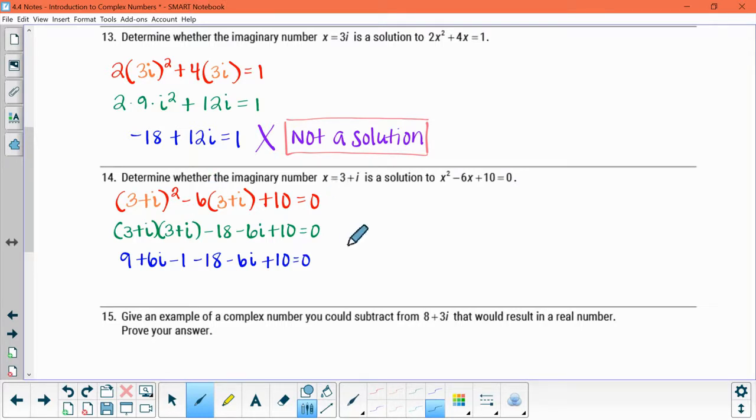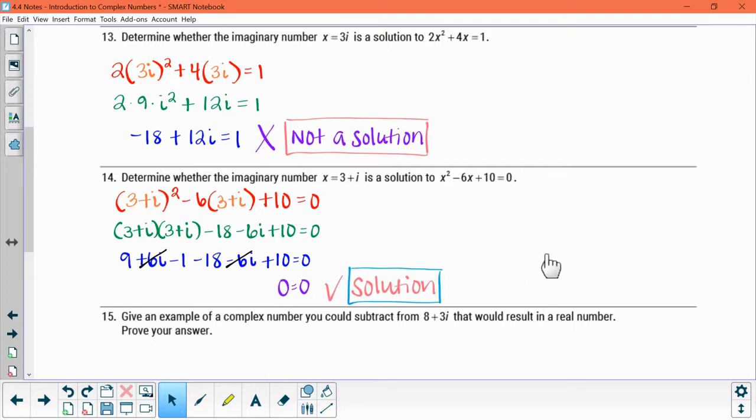First, I'm going to notice that plus 6i and minus 6i are going to cancel each other out. And then 9 minus 1 is 8. 8 plus 10 is 18. And 18 minus 18 is just going to give me 0. So I have 0 equals 0, which means this is going to be a solution. So 3 plus i is a solution to this equation.